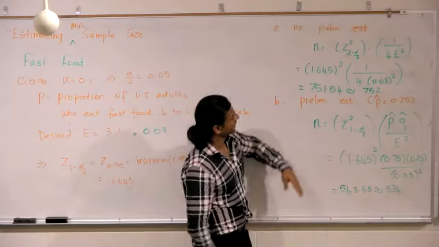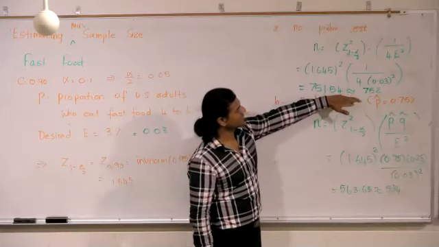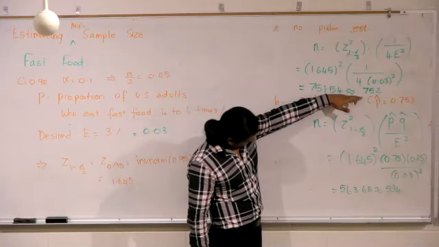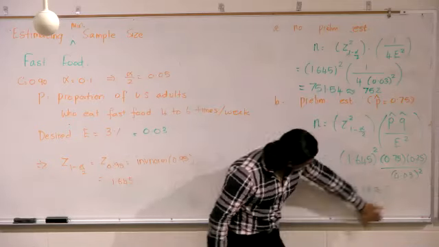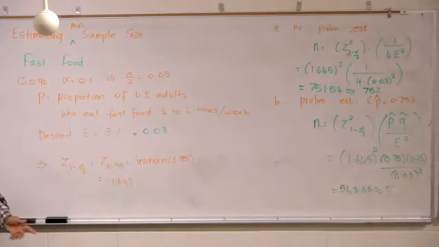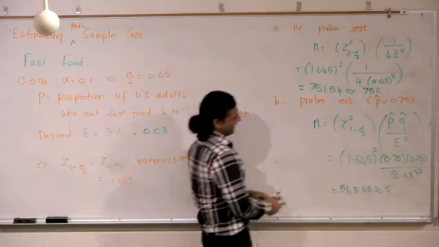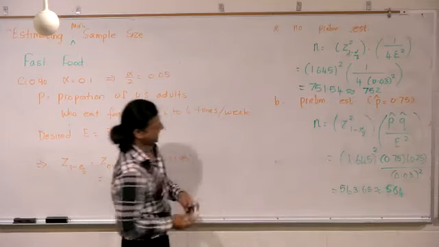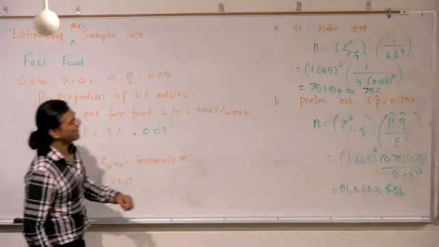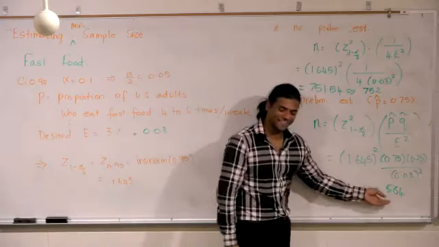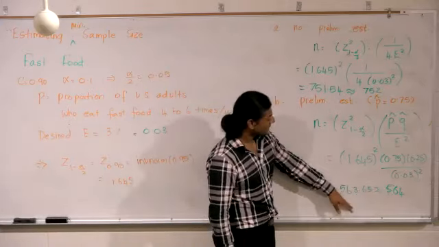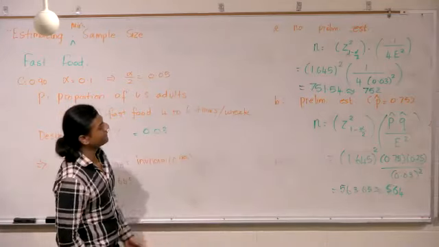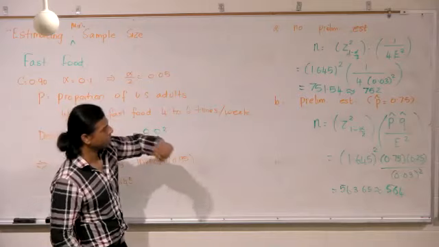I don't think so. 563.65 rounds to 564. It's bad rounding, so do fix that. So the minimal sample size that we require is 564 adults.